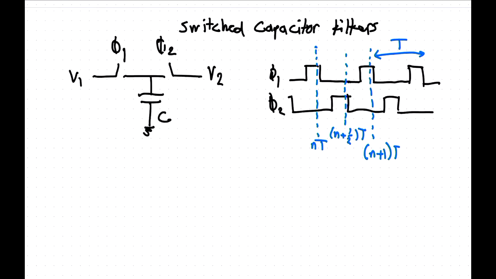So when we then switch in clock phase 1, we will have a charge that flows into that capacitor, which is this voltage V1 minus the initial voltage V2, times the capacitor. So we've got a charge Q, which is equal to V1 minus V2 times C.